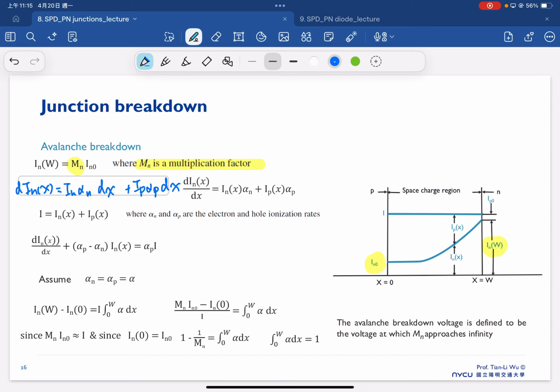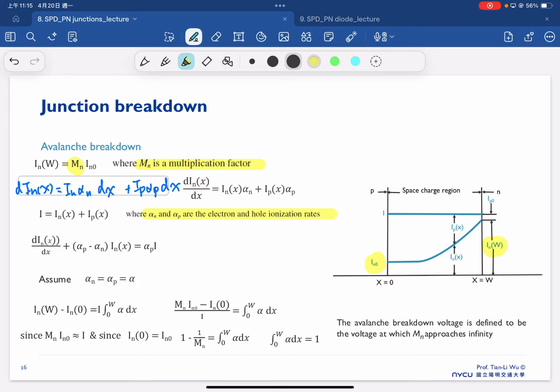This formula describes the current induced by the electron and hole separately, where alpha n and alpha p are the electron and hole ionization rates here. So we consider this equation.